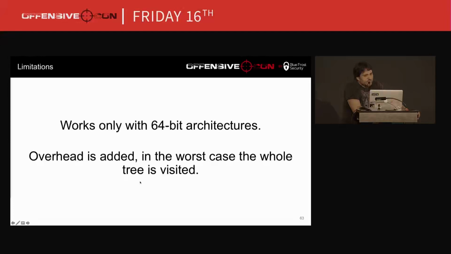Right now it works only with 64-bit architecture, because in 32-bit architectures there is not so much virtual memory. But I think it could be done by just decreasing the entropy. And of course I've added some overhead, because in the worst case I will need to visit the whole tree from one end to the other. But it's security, right?